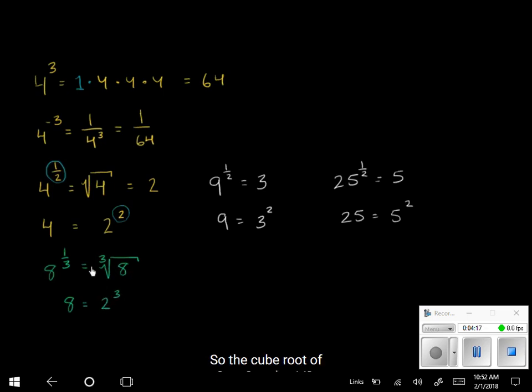So the cube root of 8, or 8 to the 1/3, is just going to be equal to 2. This says, hey, give me the number that if I say that number times that number times that number, I'm going to get 8. Well, that number is 2, because 2 to the 3rd power is 8. Do a few more examples of that. What is 64 to the 1/3 power? Well, we already know that 4 times 4 times 4 is 64. So this is going to be 4. And we already wrote over here that 64 is the same thing as 4 to the 3rd. I think you're starting to see a little bit of a pattern here, a little bit of symmetry here.